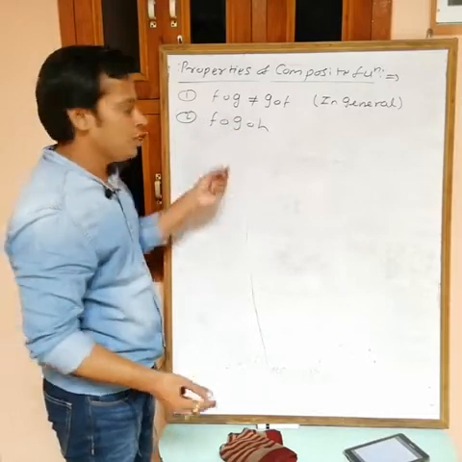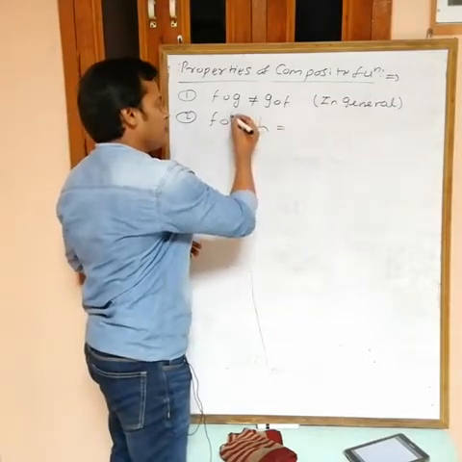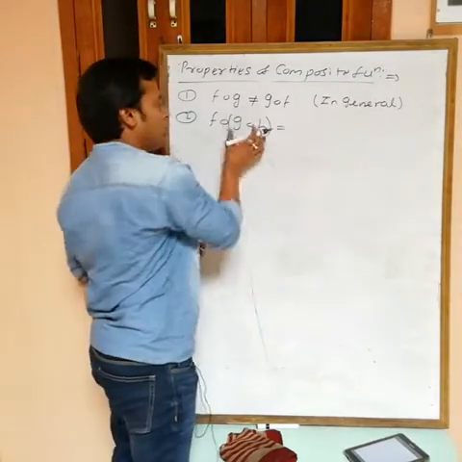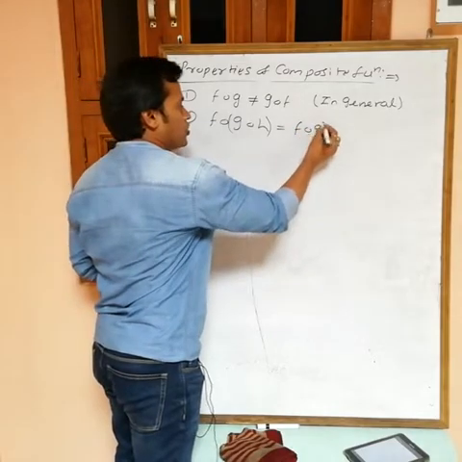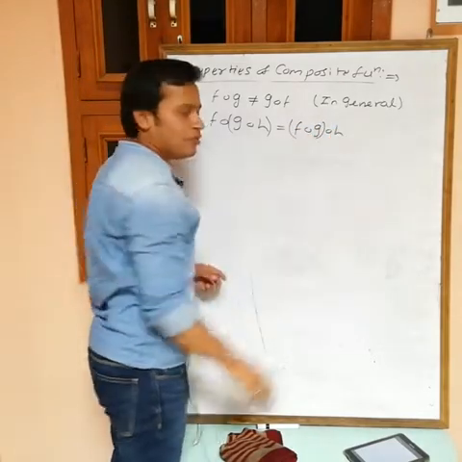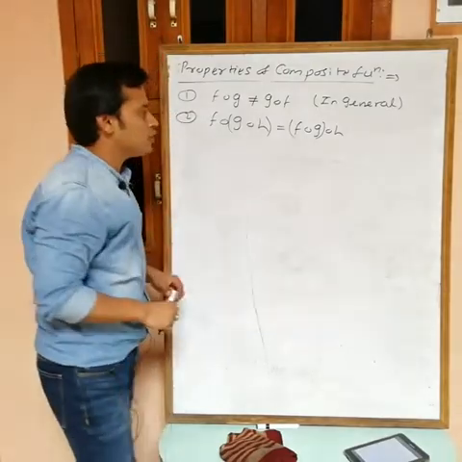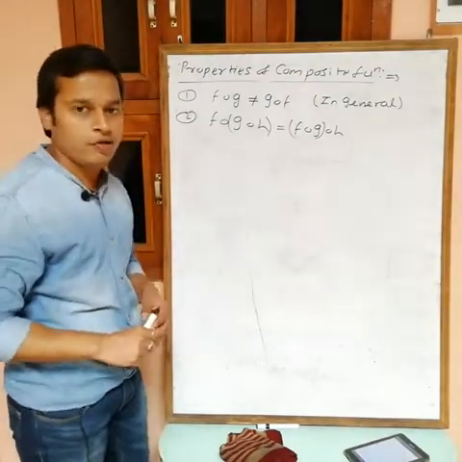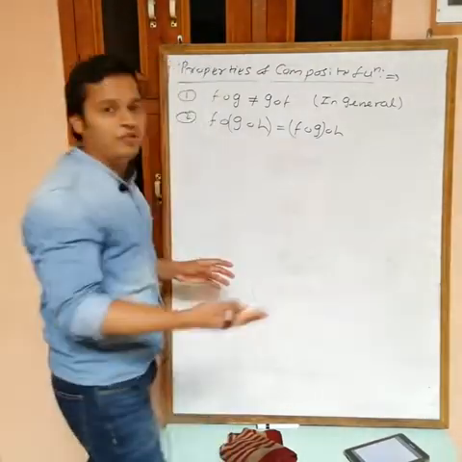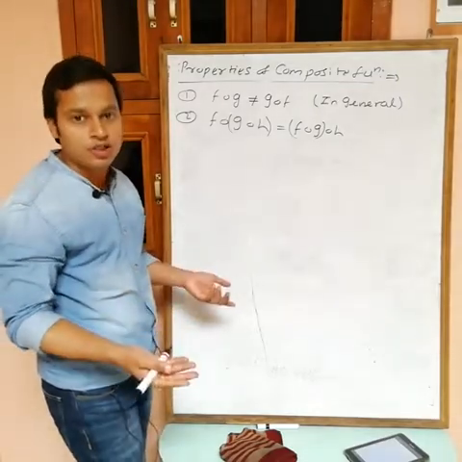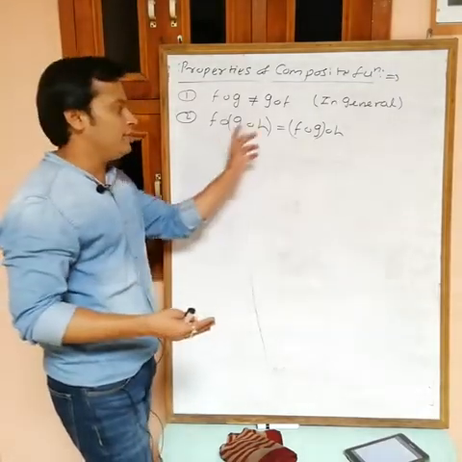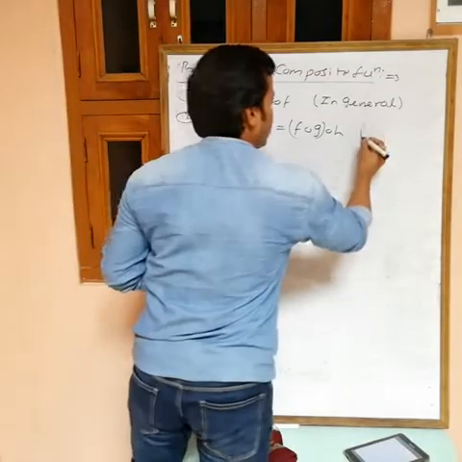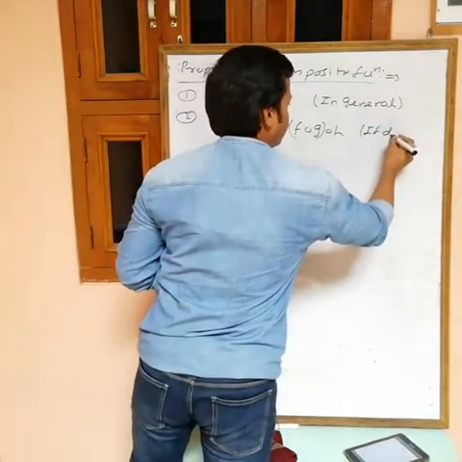Choose anything, you will get the same answer. It means composite function follows the associative law. But if defined, because sometimes composite function is not defined, but if this one is defined, then these are equal.